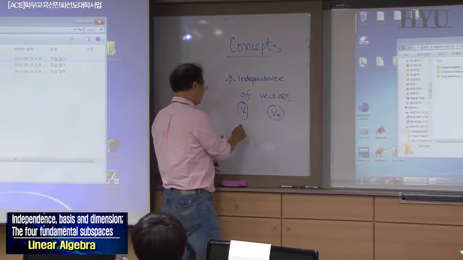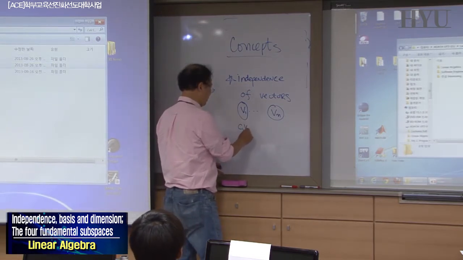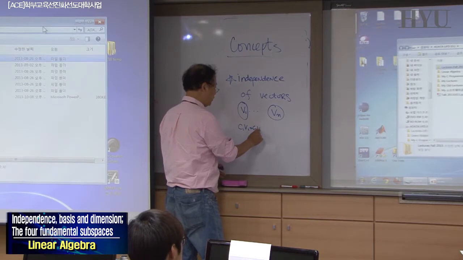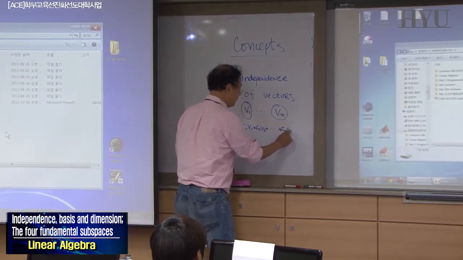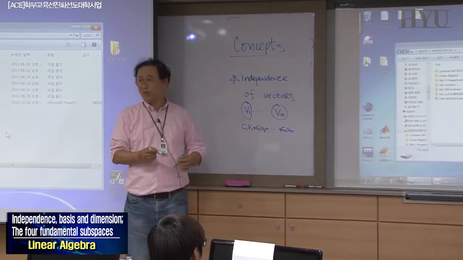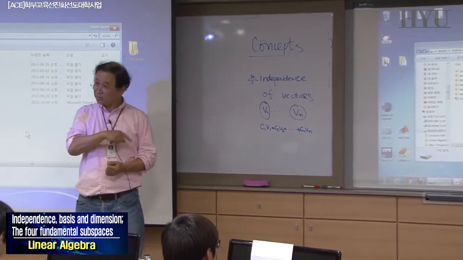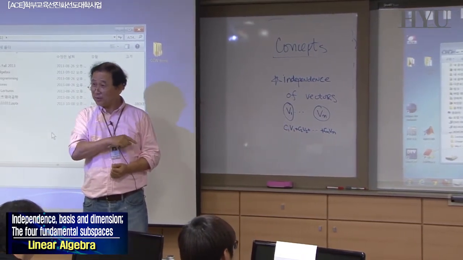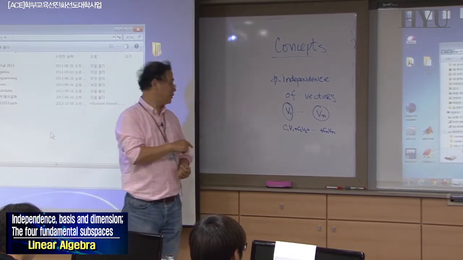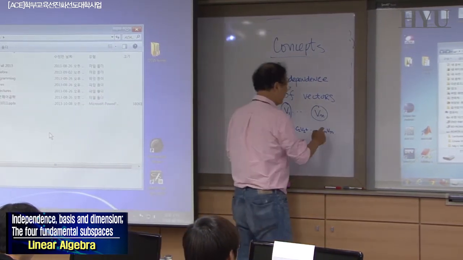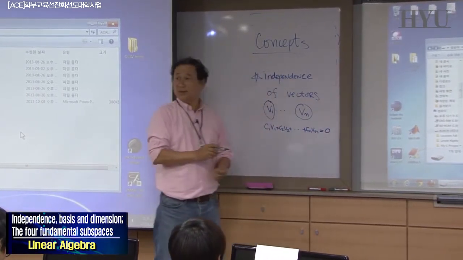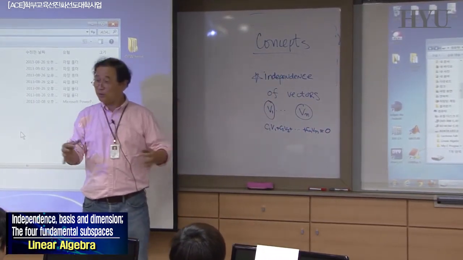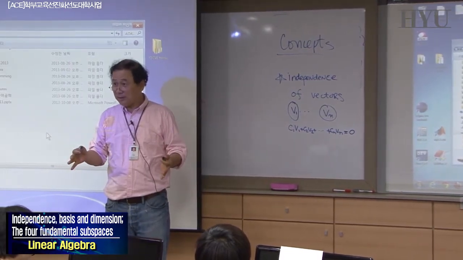It means you can combine C1 V1, C2 V2, ..., Cn Vn. When you combine them, these are also vectors, right? Sometimes you can make zero vectors. You combine all of them properly, it may become zero, right?